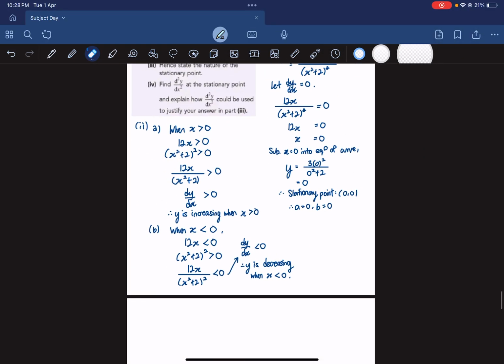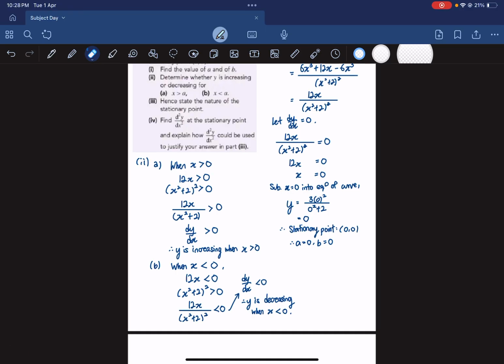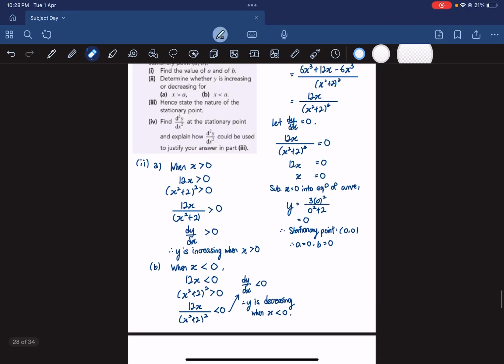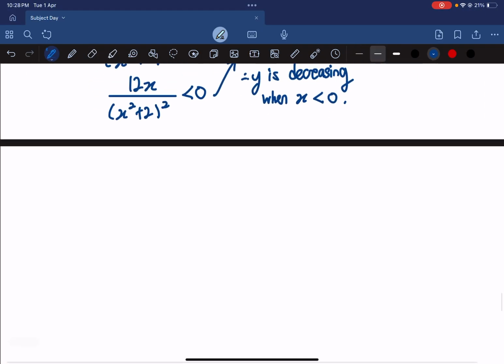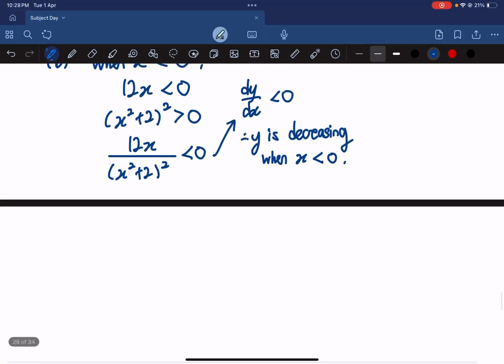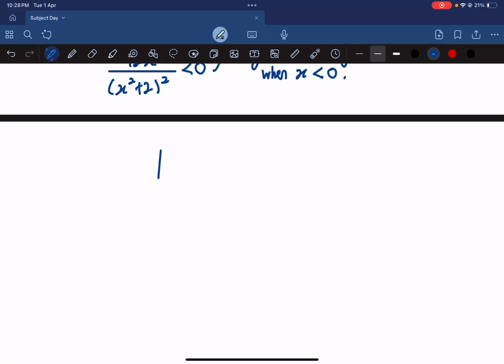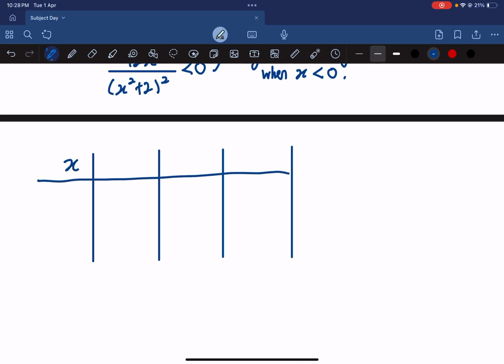Okay, part C now. Hence state the nature of the stationary point. At this stationary point, this is actually similar to your first derivative test. If I were to draw out this table so you can visualize: x less than a, x equals a, and x more than a, and then my dy over dx.